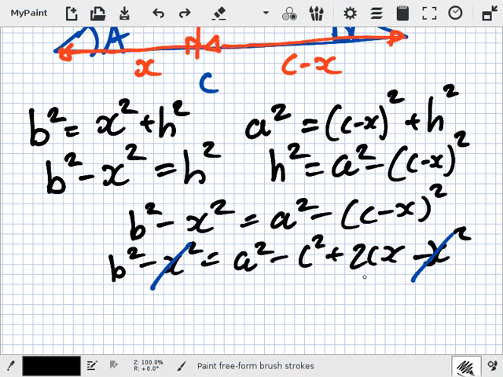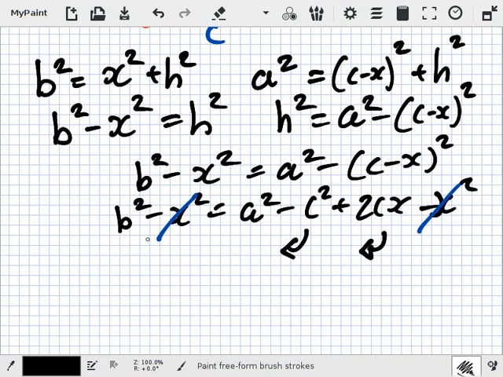Yeah, I'll take this one to the left, and I'll keep the b squared on the left. So on the left I'll have b squared plus c squared minus 2cx, and on the right I just have the a squared.